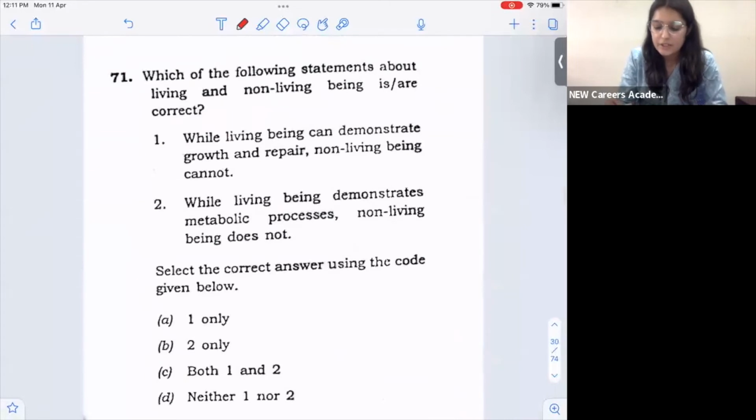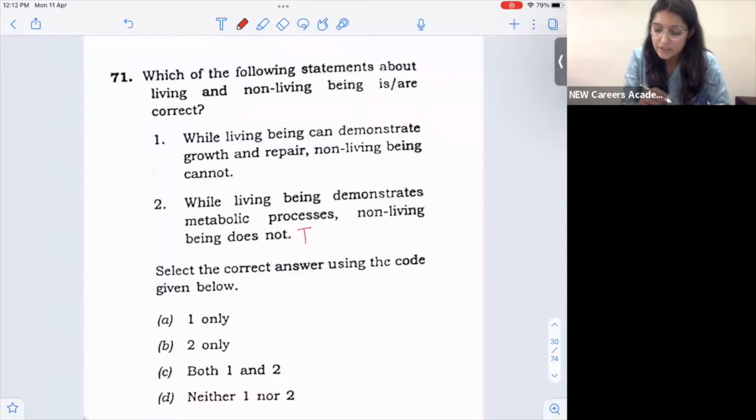Next, which one of the following statements about living and non-living are true? First statement, while living beings can demonstrate growth and repair, non-living beings cannot. Statement 2, while living beings demonstrate metabolic processes, non-living do not. We know that only living organisms have metabolism. Metabolism is the sum of chemical reactions occurring in a body.